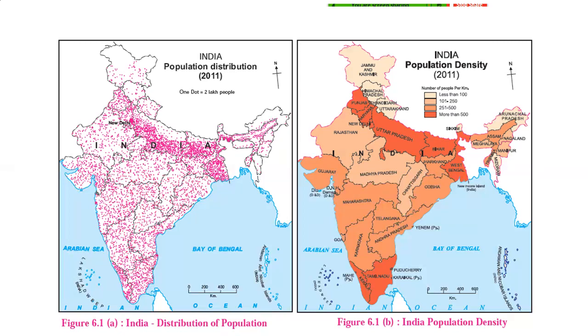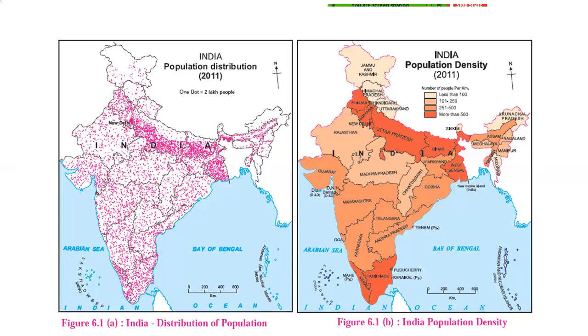Here, one dot represents 2 lakh people. This map shows that the population is unevenly distributed in India. You can clearly see regions where the population is dense and regions where the population is sparse.